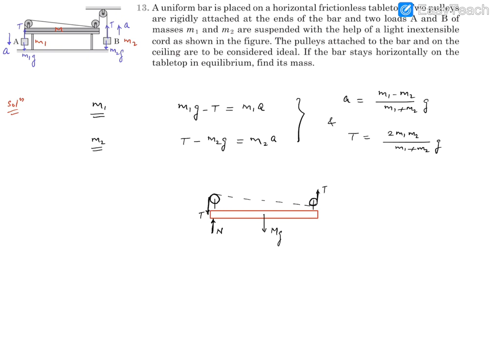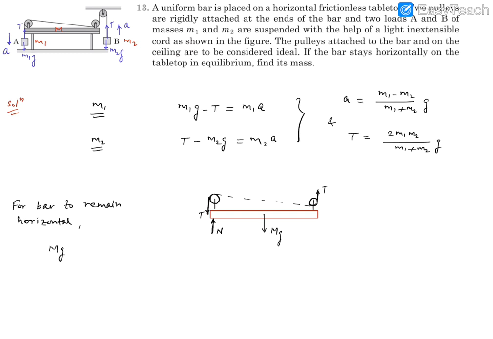for equilibrium, for the bar to remain horizontal, the torque about this point must be in this sense, that is clockwise, and you'll find mg will have a torque in that clockwise sense.